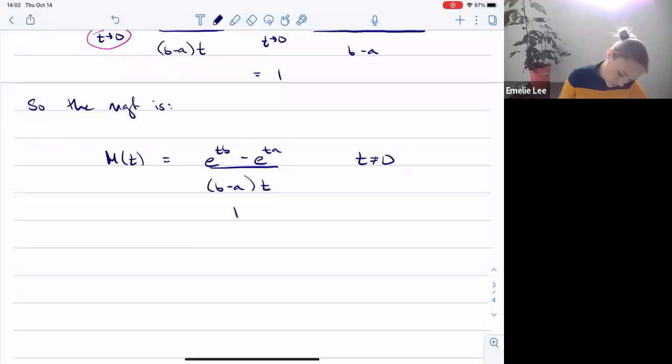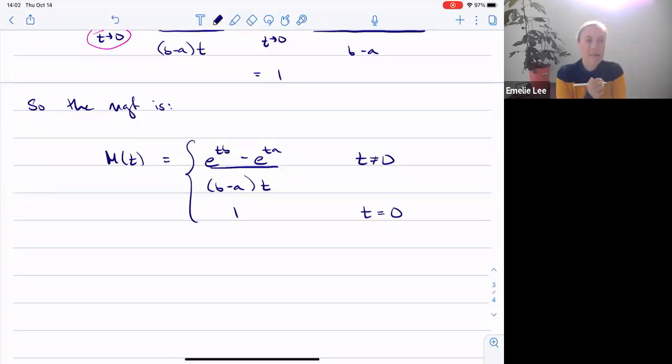And it's 1 if t equals 0. So this is the moment generating function.